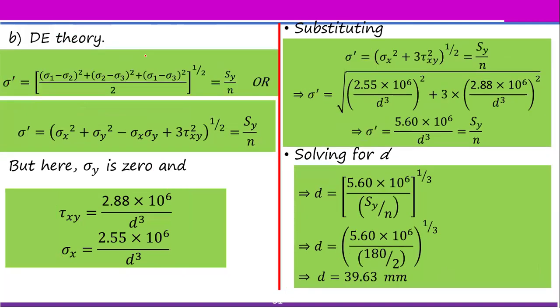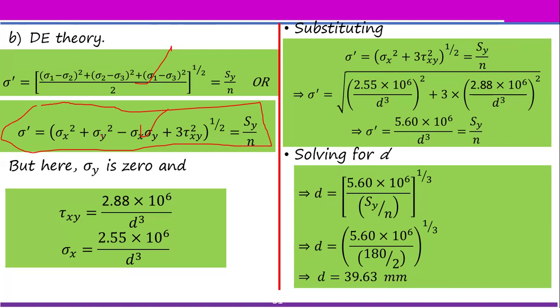Now we repeat the same analysis using distortion energy theory. Don't forget, distortion energy also can be expressed in terms of principal stresses, and also it can be expressed using applied stresses. Since we have applied stresses, we use this expression to find out the diameter of the shaft.